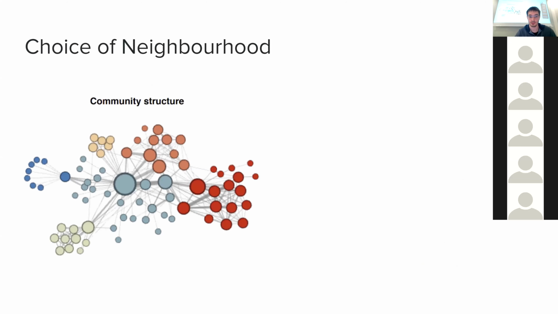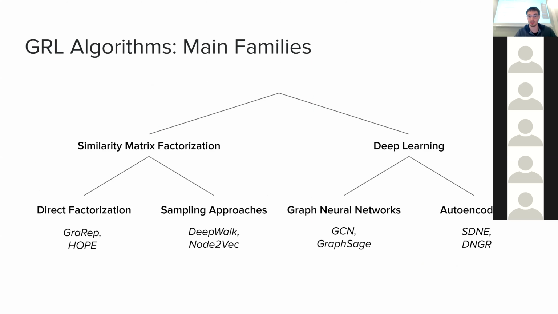So the graph neural networks are a family of techniques for graph representation learning, and they are based on deep learning. They are inductive systems that train the function that produces the embeddings, and they rely heavily on the features of the nodes as the starting point for this function to compute the embeddings.